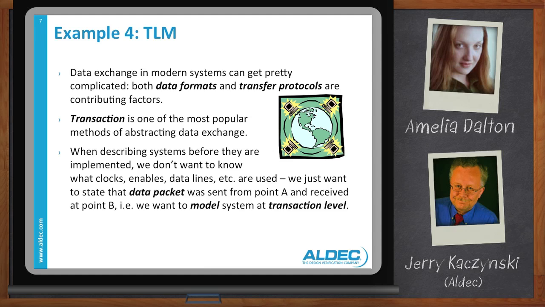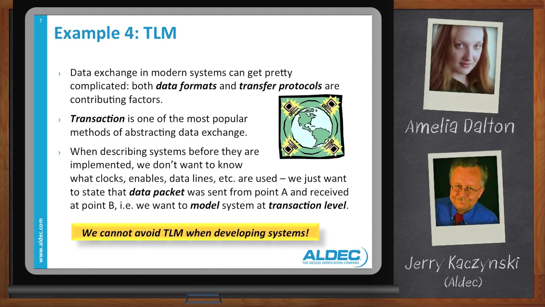We just want to state that a data packet was sent from point A and received at point B. It simply means that we want to model the system at transaction level, not at signal level. I see, okay. So, long story short, if we are dealing with a large system, we cannot avoid TLM when developing those descriptions and when performing verification tasks.